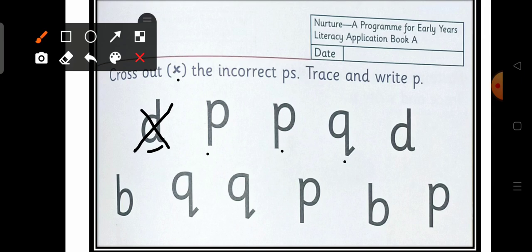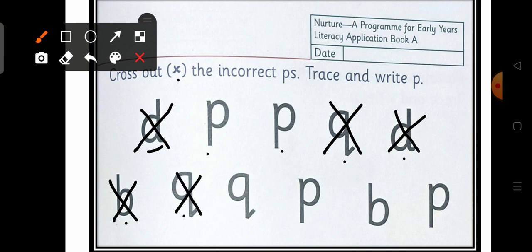Is this letter P? No. What we are going to do is we are going to cross it out. Is this letter P? No. What we are going to do? Cross. Is this letter P? No. So cross it. Is this letter P? No. What we are going to do? Cross.